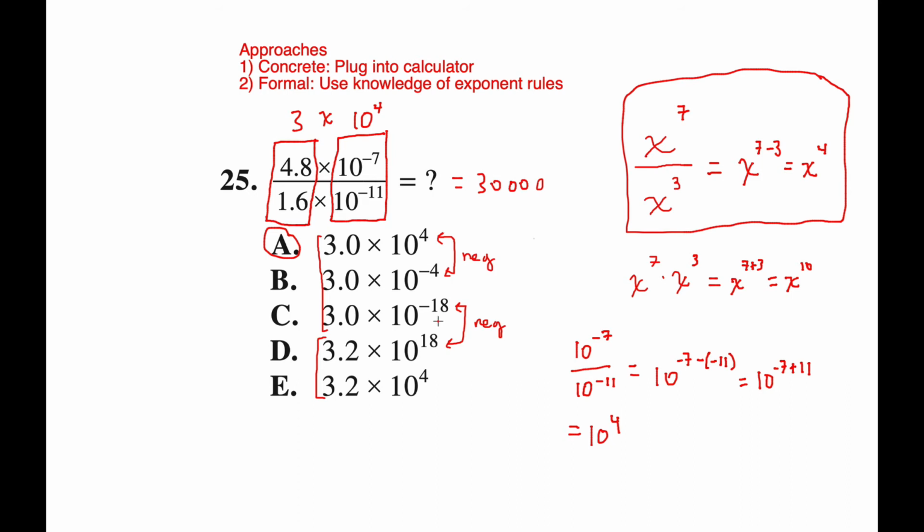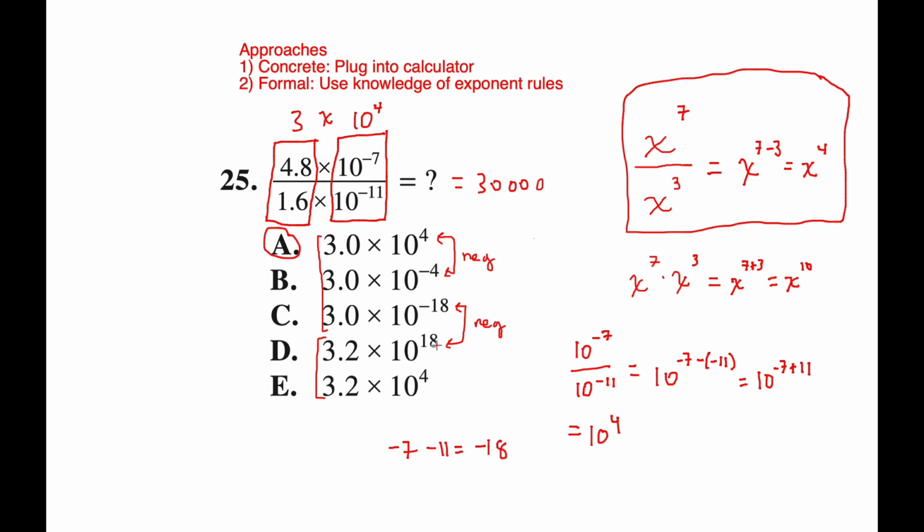And then for answer choice C, we remembered that there was this one step over here where we had to subtract a negative, and we could imagine that it'd be easy to forget to make this an addition. So if instead of doing negative 7 minus negative 11, we just did negative 7 minus 11, that would be negative 18. And so we see that answer choice C is predicting that mistake.